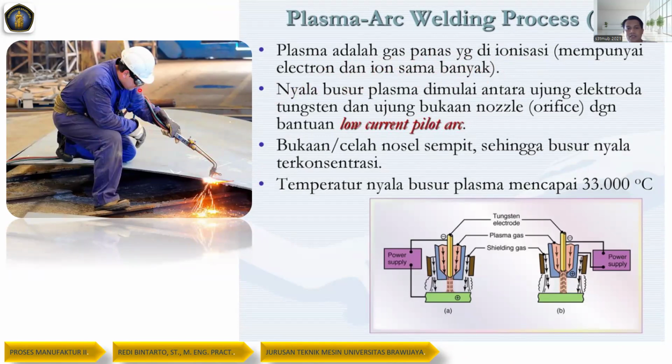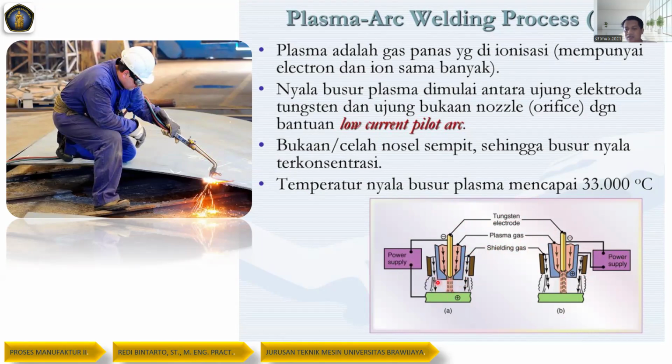Some people use plasma arc welding for cutting metal. This is the method and the instrument here: there's a power supply, and this is the tungsten electrode in the middle, the plasma, and the shielding gas.